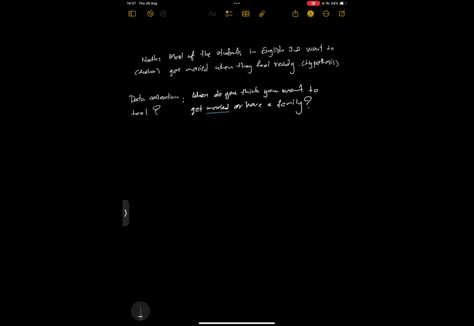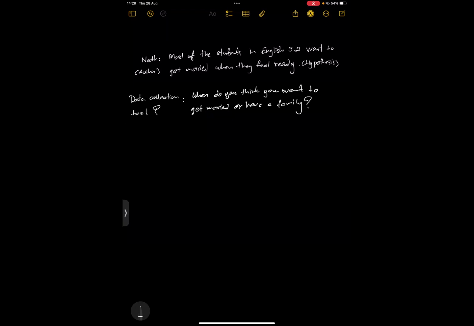But today the social context has changed, and it's okay for some couples to have a family without getting married. They don't need a marriage certificate, for whatever reasons, could be financial reasons, could be business reasons.